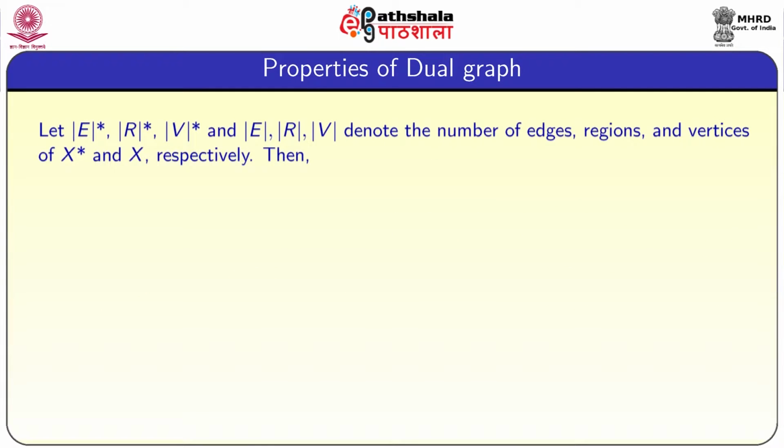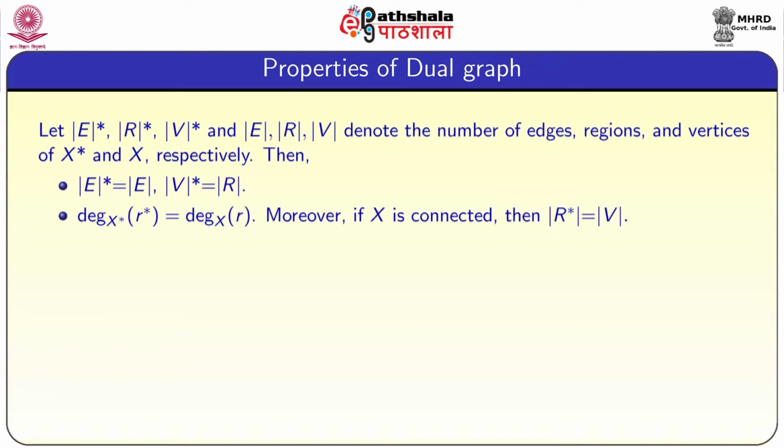So, a few properties of the dual graph. Let |E star|, |R star|, |V star| and |E|, |R|, |V| denote the number of edges, regions and vertices of X star and X respectively.